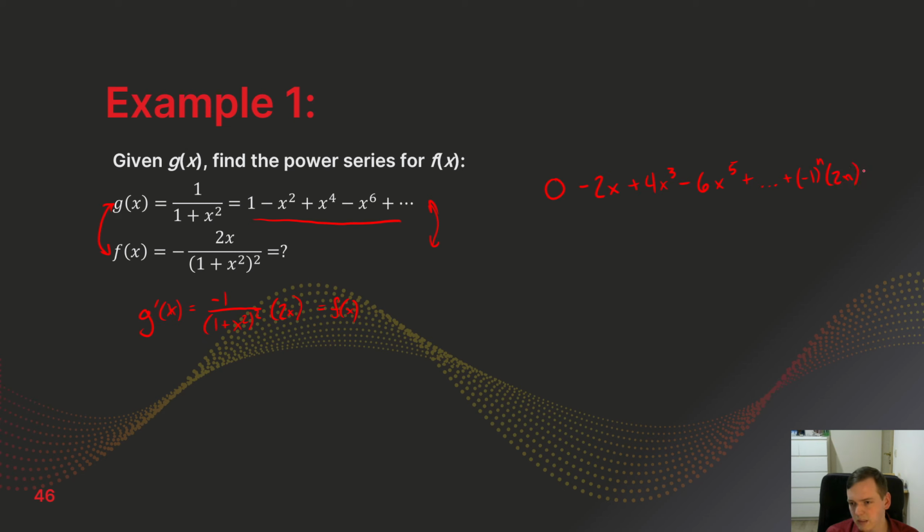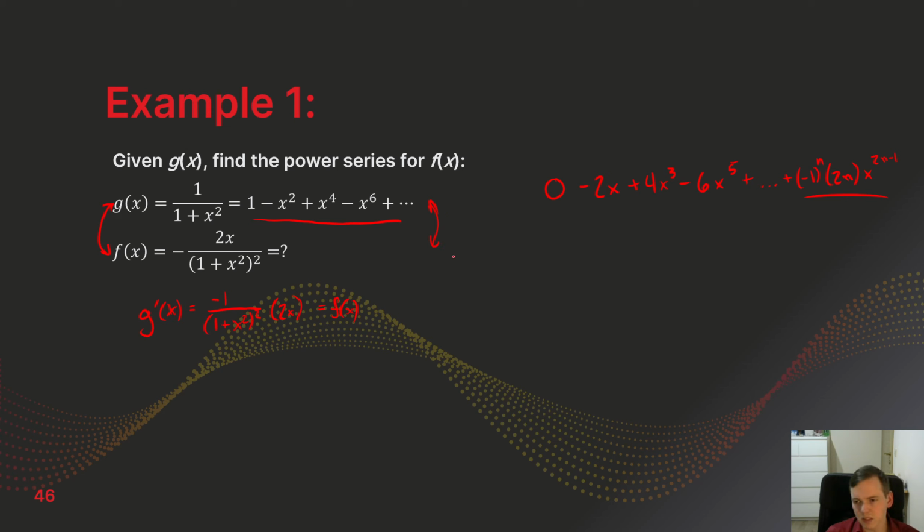And then the exponent of x is 2n plus 1. Negative 1 to the n, 2n plus 1. So this is our nth term.